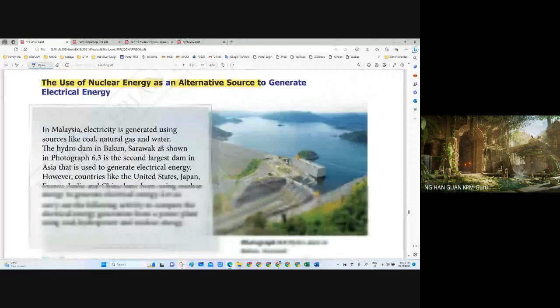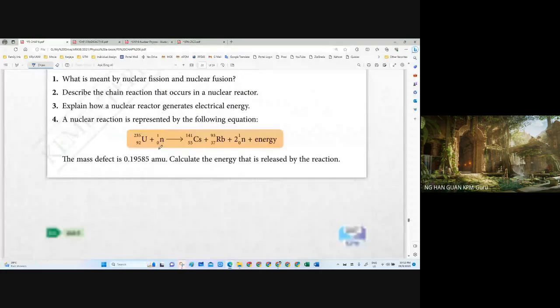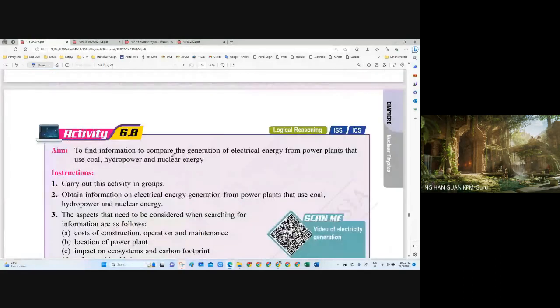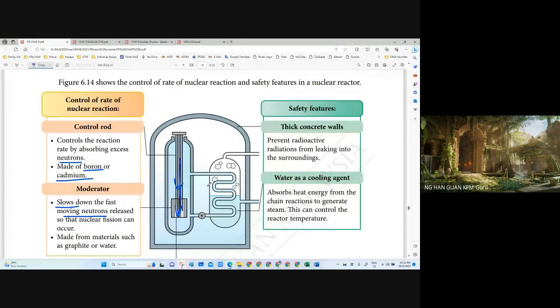Okay, so I think that's all for this chapter. Basically, for the last part about the nuclear reactor, you have to read whatever is in your textbook to know all the functions: the moderator, what the control rod is made of, and why we need the thick concrete wall, to prevent leakage of the nuclear radiation.